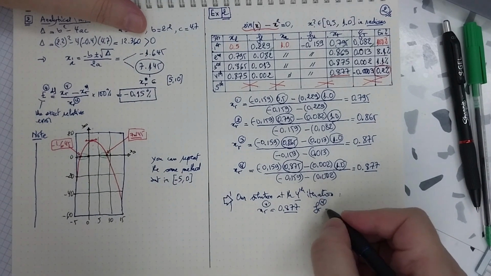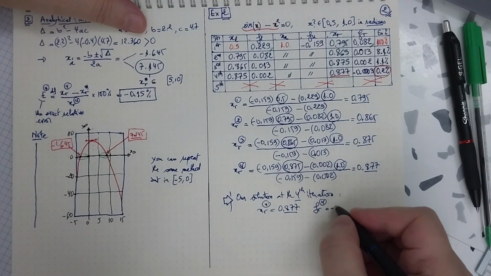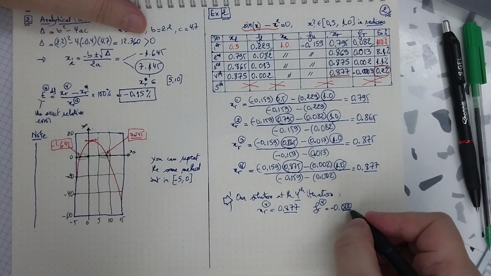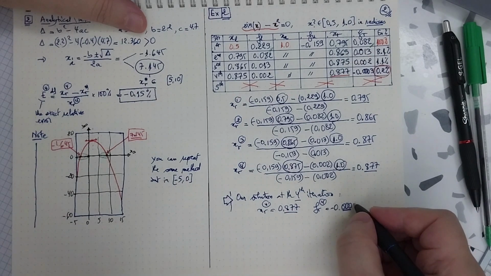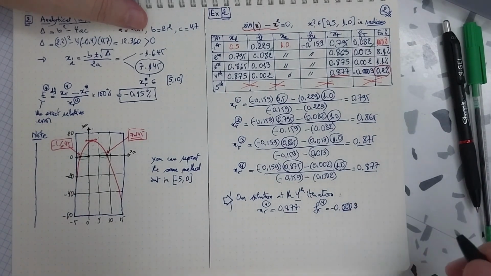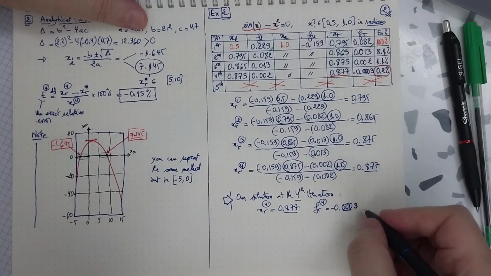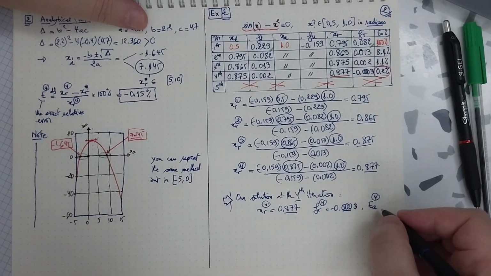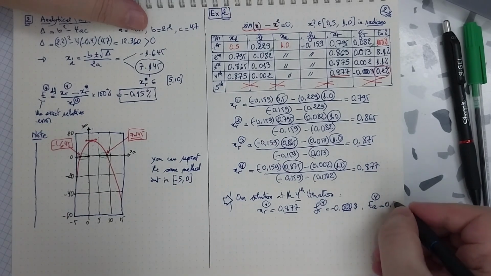FR4 is minus 0.000. So if you work with three decimals, it's actually 0. And the error at the fourth iteration is 0.2%.